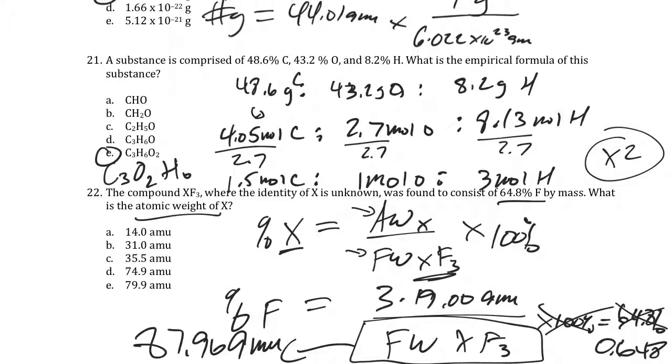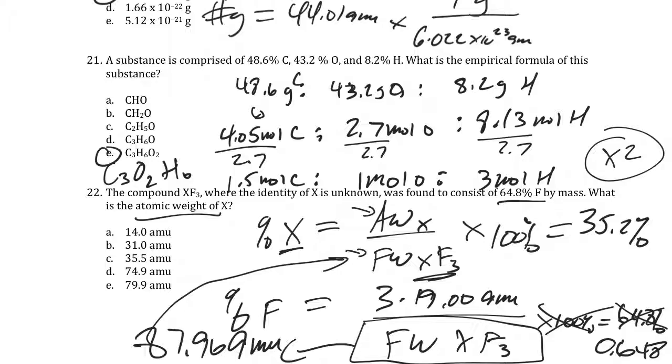Now I could just subtract 3 times 19 and know that's what X is, or I can take this formula weight and plug it into the percent X formula and know that the percent by X is just all of the difference. So 100 minus 64.8 is 35.2%. So I can take the formula weight times 0.352.